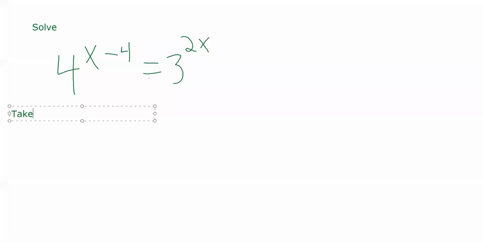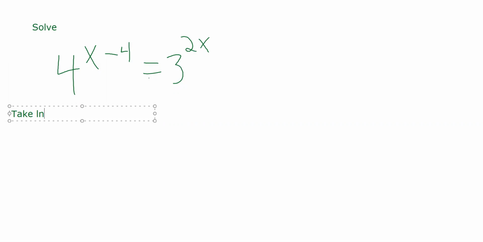So now I'm going to take the logarithm of both sides. What logarithm should I use? Well, here I have an exponent base of 4. Here I have an exponent base of 3. So do I choose 3 or 4? Well, no, let's choose something that our calculator already has built into it.